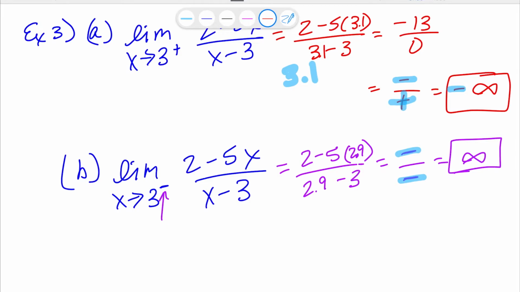You have to think it out a little bit. When you're thinking this through, especially these infinite limits, what is the behavior of my graph? That's the question that you're actually asking, and that's what you're figuring out.